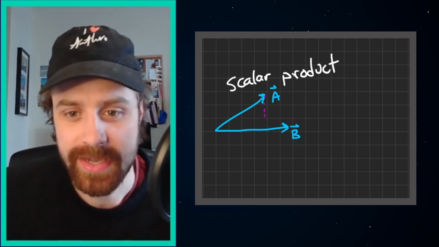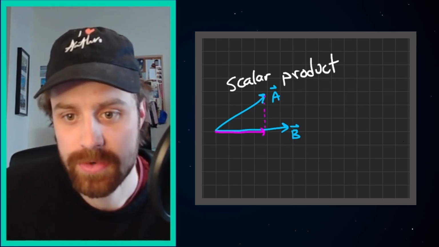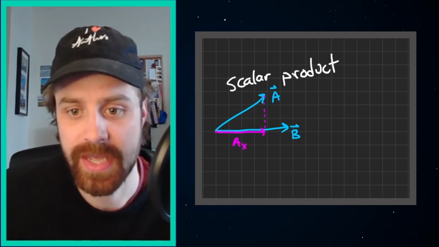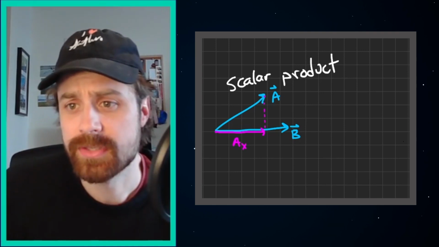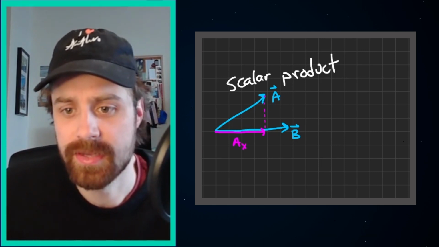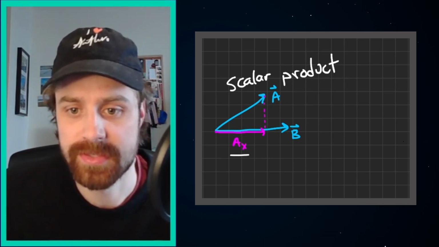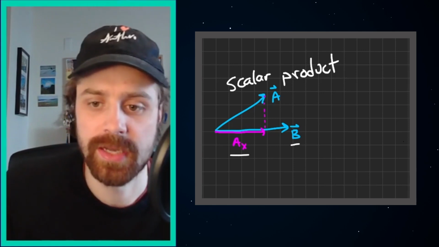And so to draw this out visually, vector A has some horizontal component, in this case AX, that is in line with vector B. And so the scalar product of this is to say, whatever the magnitude of this AX is multiplied by the magnitude of the vector B.